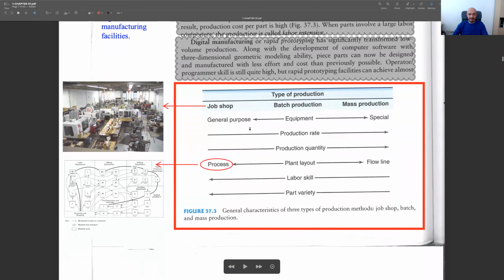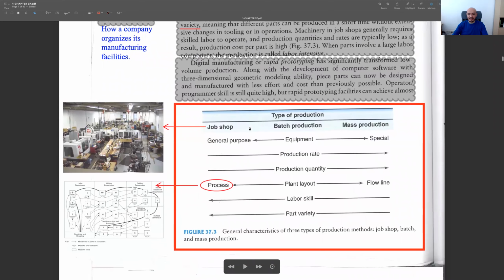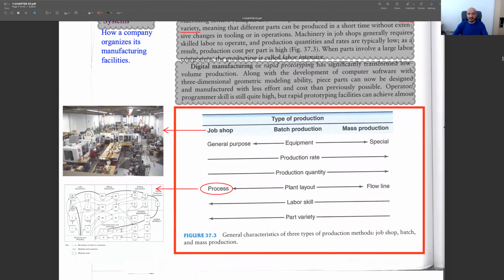And in this figure, we will discuss the basic differences between job shop manufacturing systems and mass production systems. For mass production, if you remember, we can use transfer lines or flow lines. They are all for mass production type of approaches.